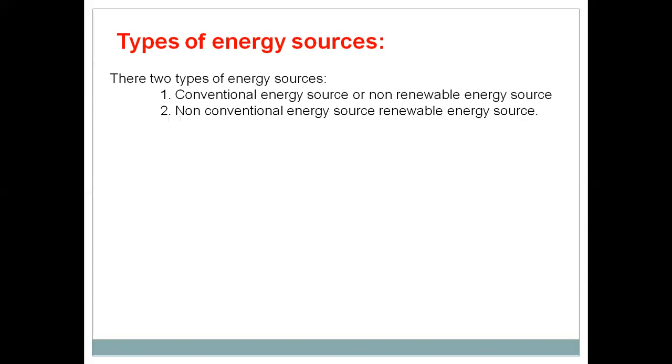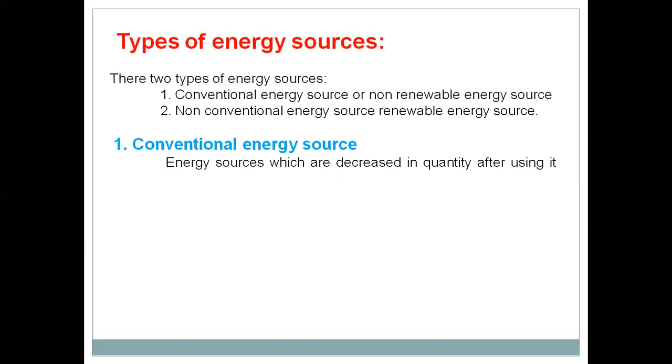What are these conventional energy sources? We know nowadays coal, fuel, petroleum products and gas, when we use them daily, their quantity is decreasing by consumption. This type of energy source is called conventional energy sources or non-renewable energy sources.